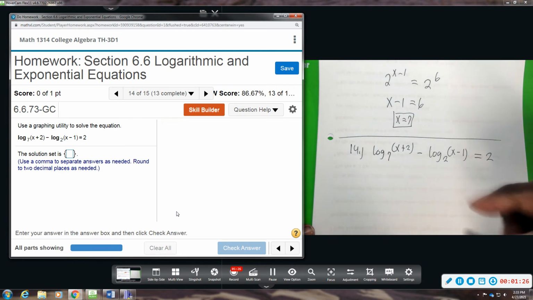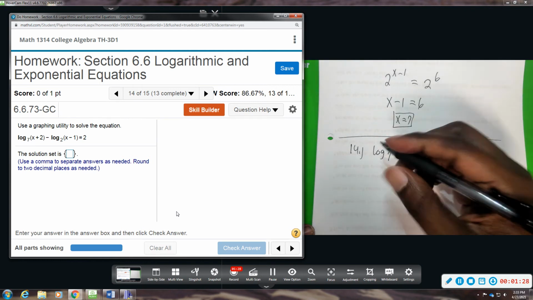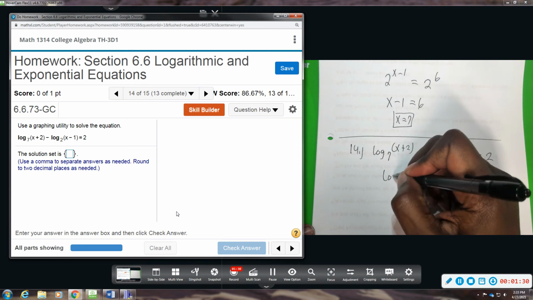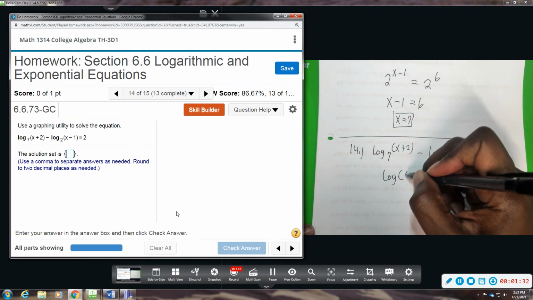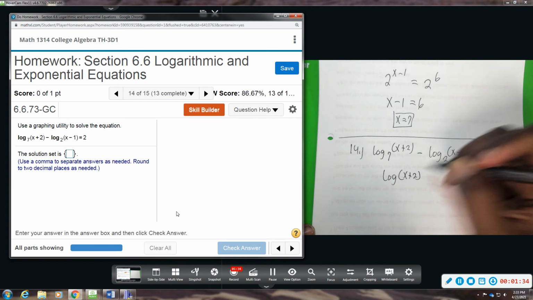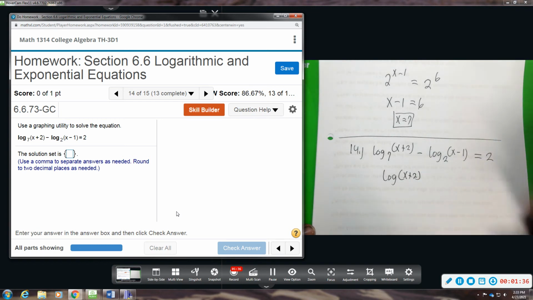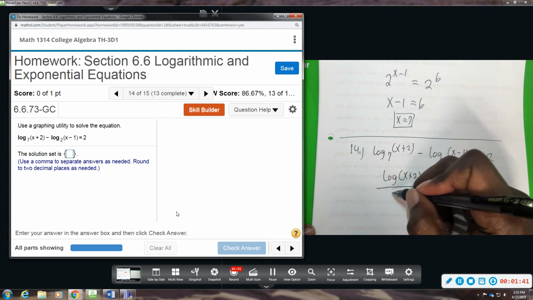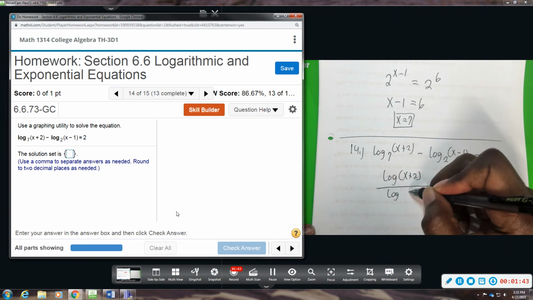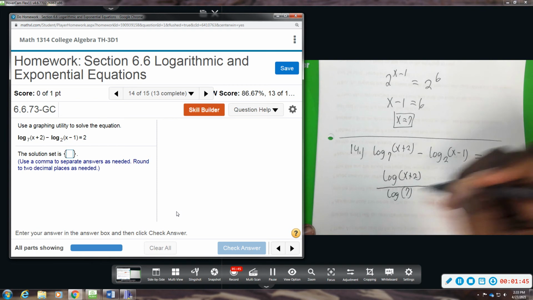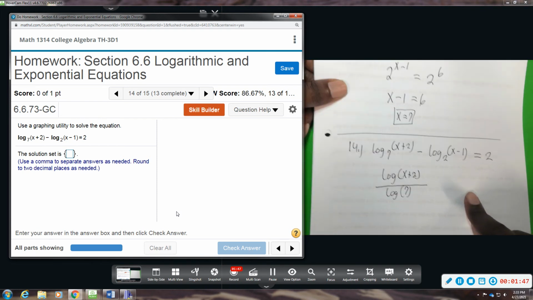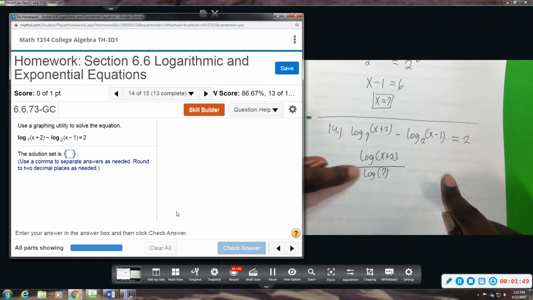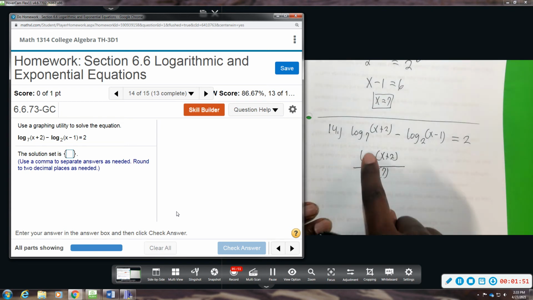Okay, so this is on top, this is on bottom. So this is log of x plus 2. I'm not even going to write a base. The calculator will understand 10, and I can't change it in my calculator anyway. And then on the bottom is log of 7. My old calculator cannot change base, so just leave it, or you can even write ln.